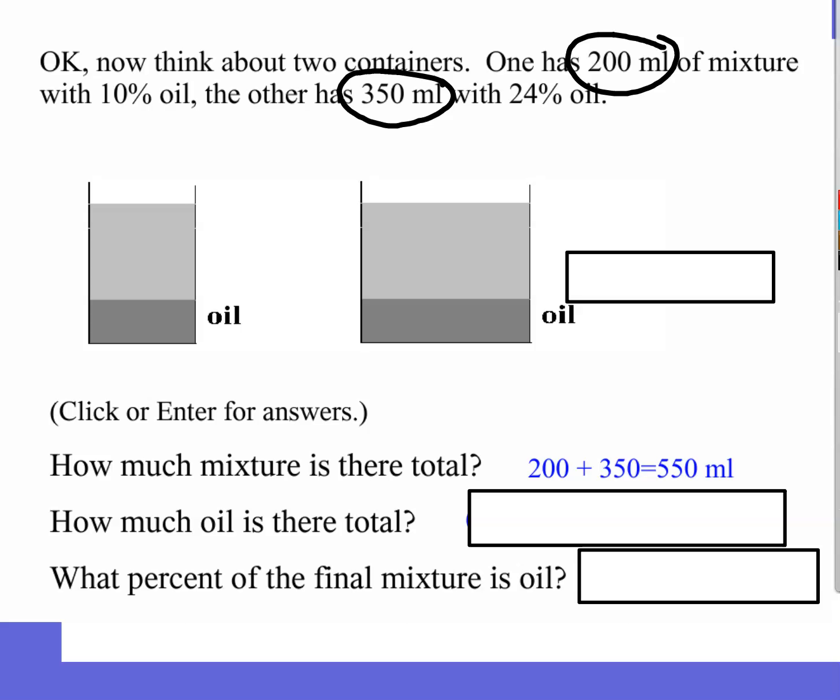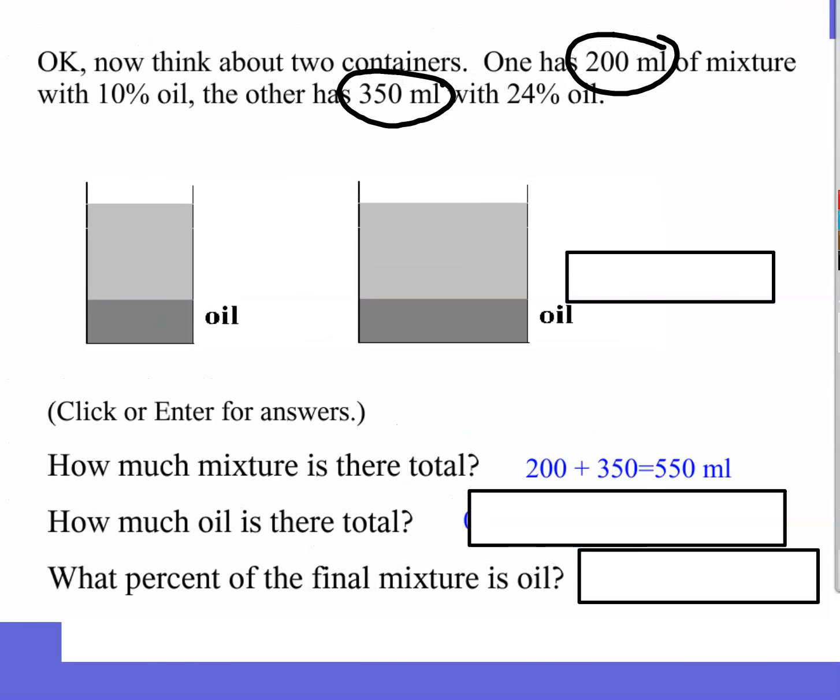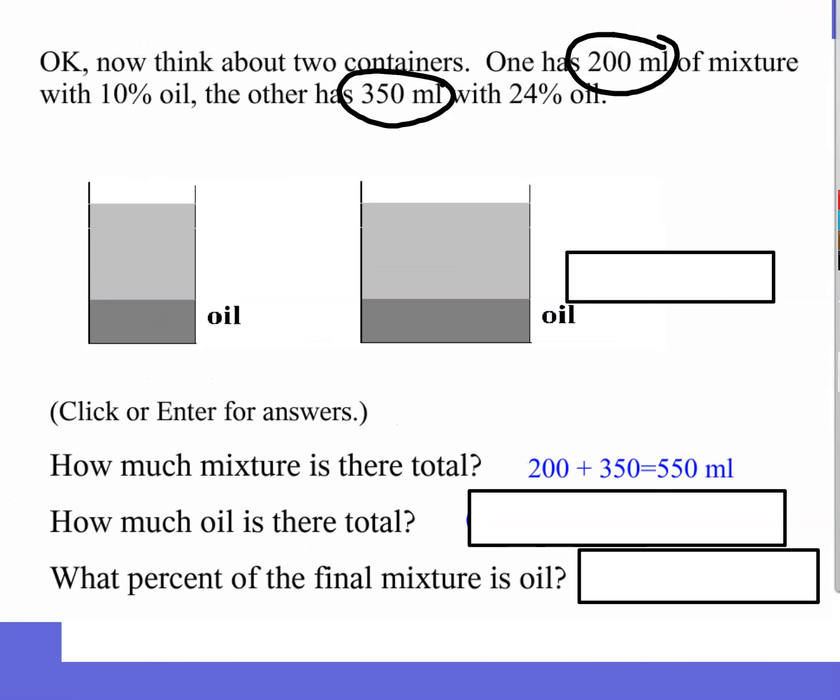200 plus 350 is 550 milliliters. Okay? Now, how much oil is in there? Well, what we've done before is say, look, the amount of oil that's in there is 10% of this whole 200 that's in there. Okay, so what's 10% of 200?